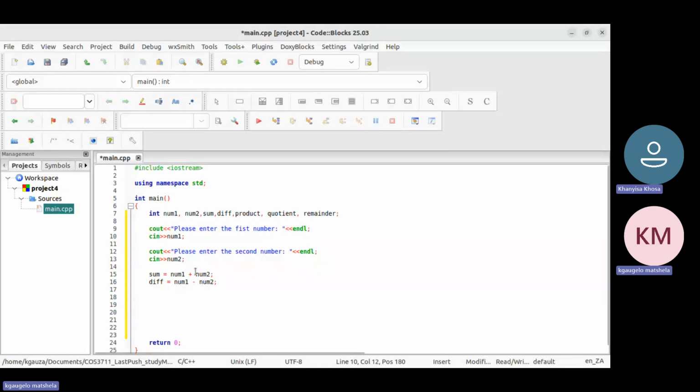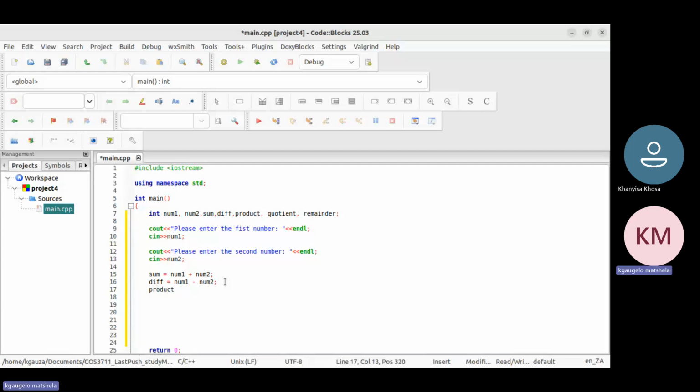But the focus is not on that. When we're doing the if statement, that's where I'm going to show you. You get me? The focus now is just on knowing how these C++ operators work.